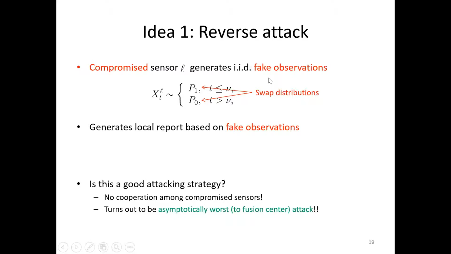But it turns out that this is good enough for us to prove the converse. So in the following, I will assume that the compromised sensors always follow this attack.